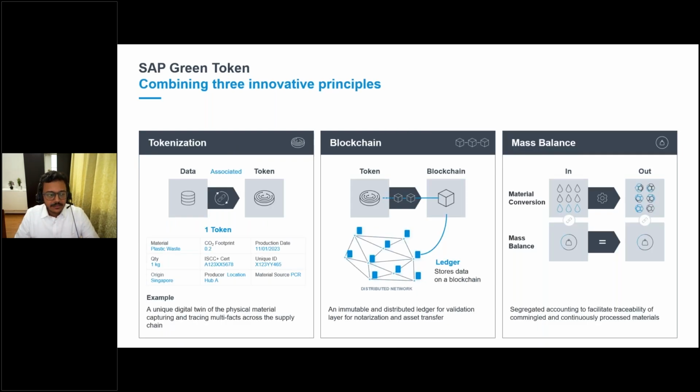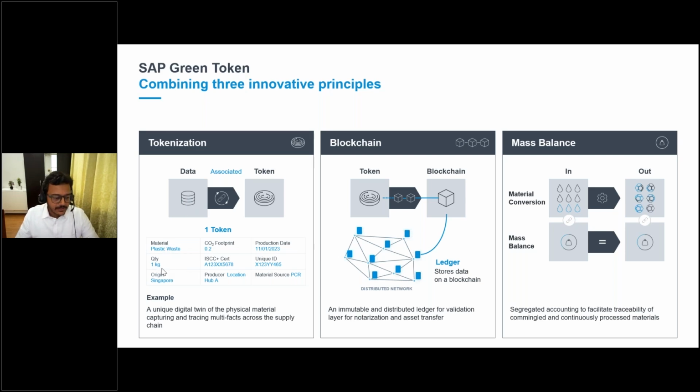And let's see how these different principles look in the sense of the Green Token solution. So here you see the tokenization, where we have a token example, which is data related to plastic waste as a material.